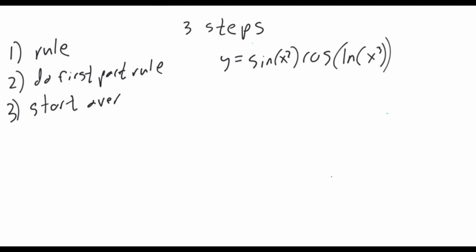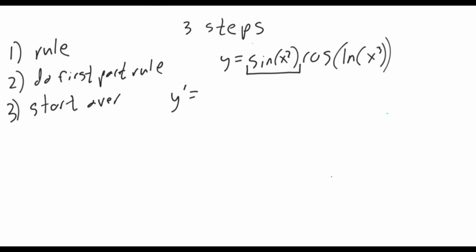So I just have stuff times stuff. So in that case, I'm going to do the product rule. And the product rule says, take the derivative of the first part times the second plus the derivative of the second times the first. So when I take that derivative of the first part, well, I have a new derivative to do. Let's do this whole process again.